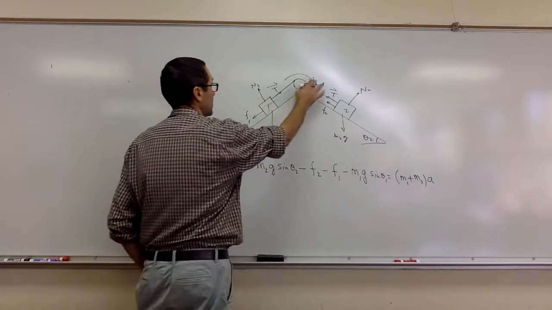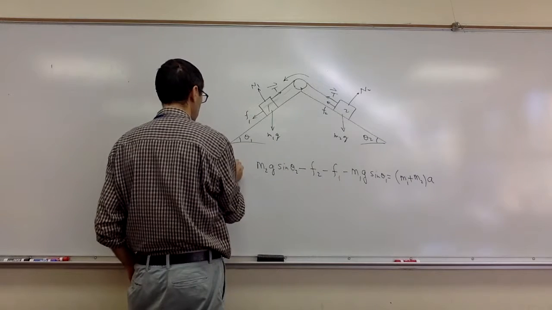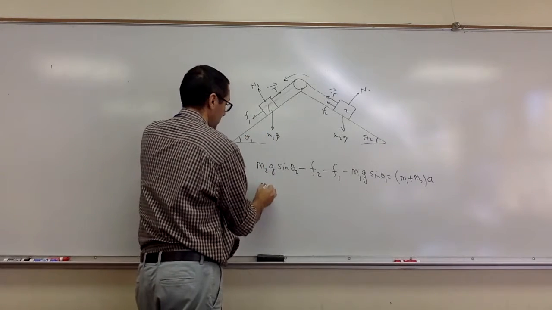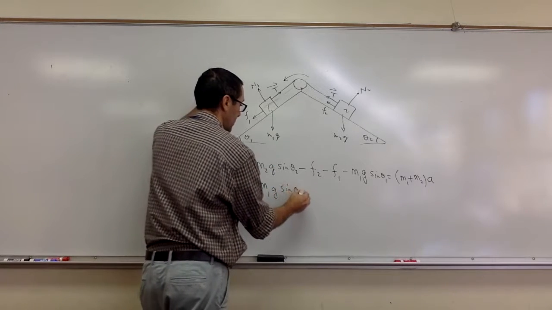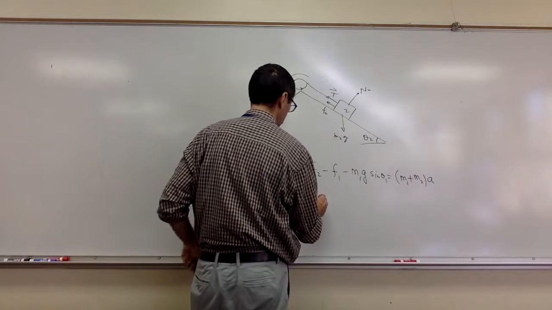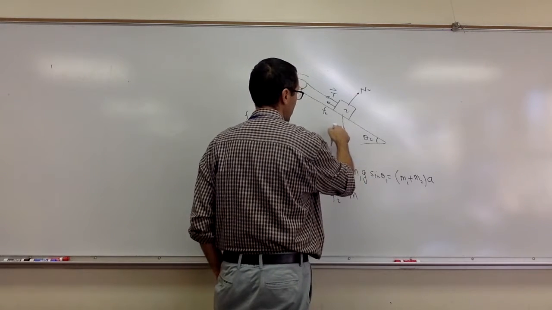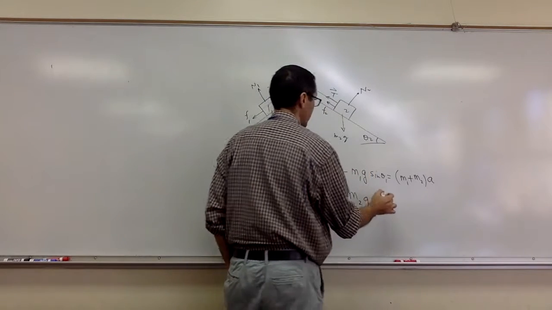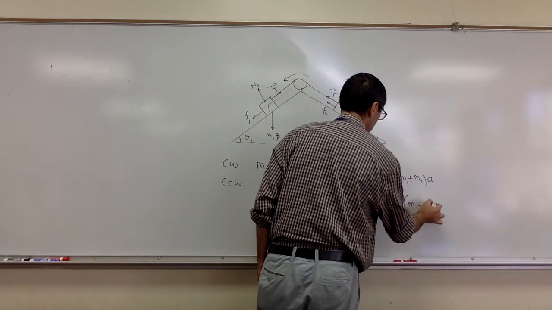Now let's look at it the other way. Let's say this is clockwise, this is counterclockwise. If it's going counterclockwise, it will be M1G sine theta 1 minus F1 minus F2, and the parallel component of M2G is trying to hold you back, and it's still accelerating both objects.